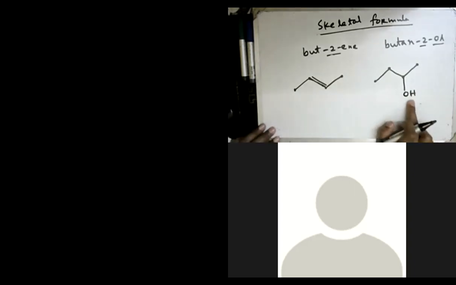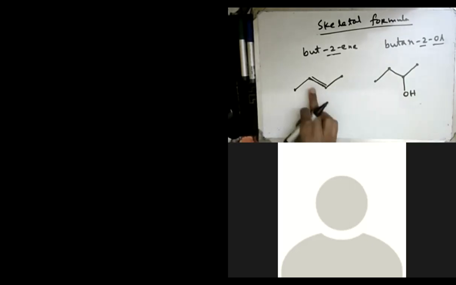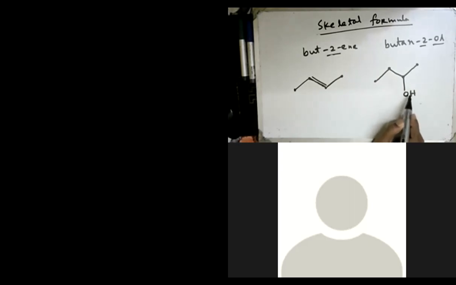Here we're writing OH because this is not a carbon-hydrogen bond. This is a functional group, OH. In a functional group, what is present we need to draw exactly, like OH or a double bond or anything, because the functional group defines the compound, right? So this OH we have to write here. The OH group is attached to the second carbon, so it is butan-2-ol.